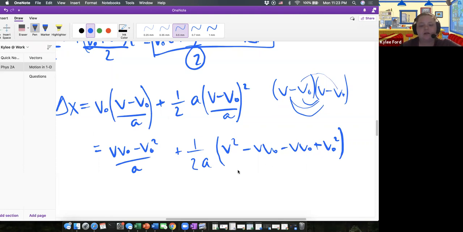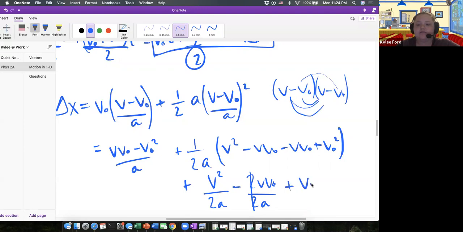So this is going to simplify down to v squared over 2a minus, we've got 2 of these, so we have 2v naught over 2a, cross those out, plus v naught squared over 2a, v naught over a minus v naught squared over a.